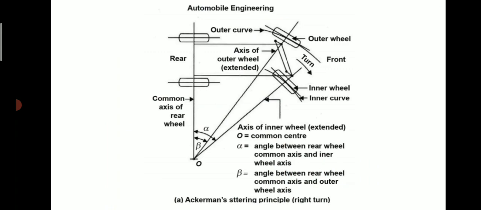When there is a turn, all the axes passing through the centers of the wheels meet at the center O. Alpha is the angle between the rear wheel common axis and the inner wheel axis. Beta is the angle between the rear wheel common axis and the outer wheel axis. This condition should be satisfied as per Ackermann's steering principle.